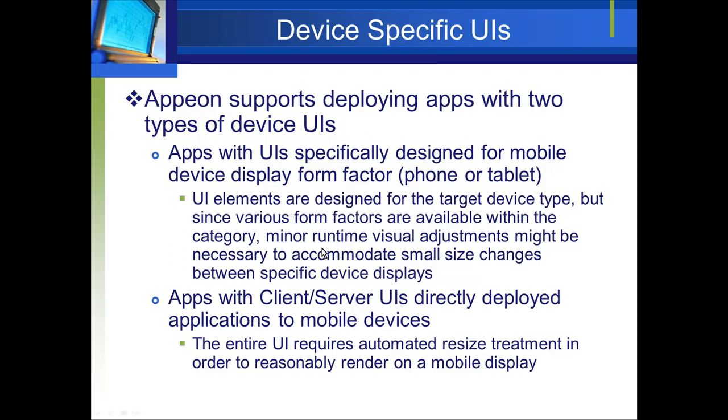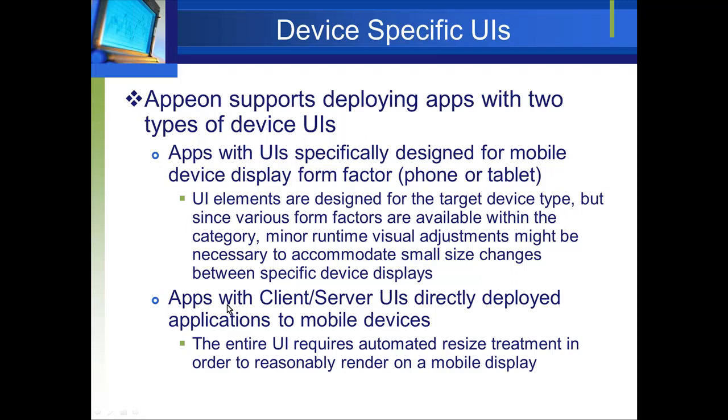So at that point you might want to do minor runtime visual adjustments to accommodate small size changes. The same thing applies to tablet-size devices, or in fact this new kind of thing called a phablet, which is a small tablet like a phone, but not quite a phone. So the point is that you might need to do some small alterations within a category, but you're going to want to design for the category.